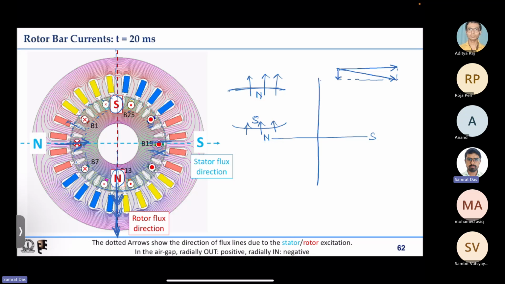Here it is radially inward, here it is radially outward for the stator. So this stator surface, flux lines are going into, that is why I have put south pole here. And for this stator surface, flux lines are coming out, that is why I have put north pole.